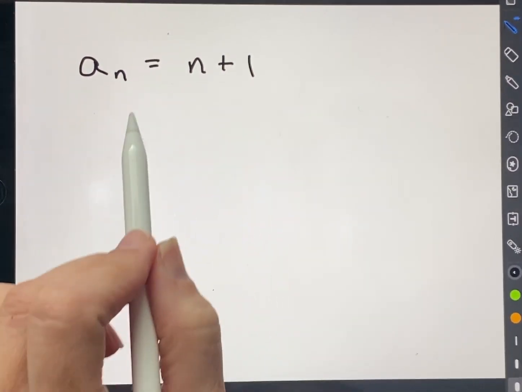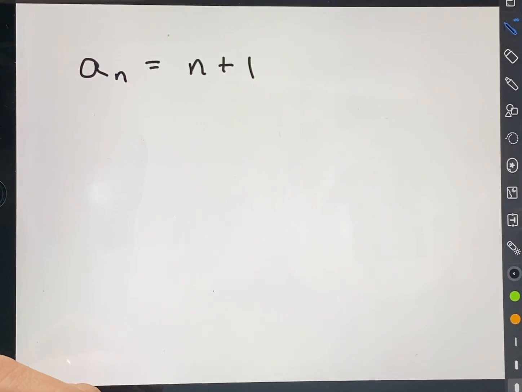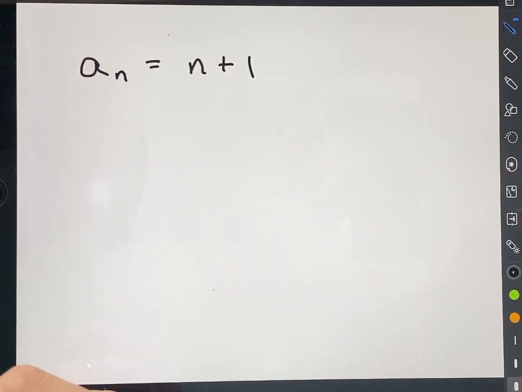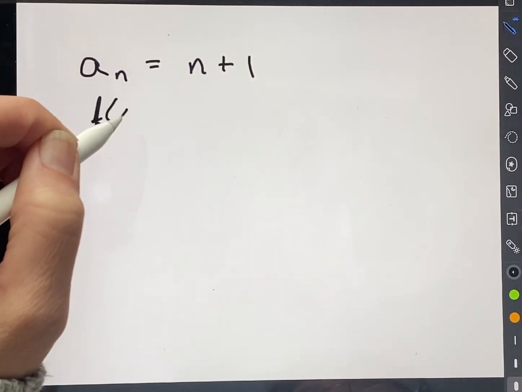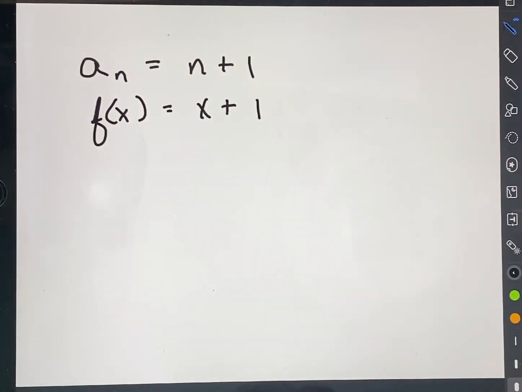A sub n equals n plus 1 is often confusing when we have come from a background of solving lots of equations. So what if we rewrote this as f of x equals x plus 1? Does that look more familiar?